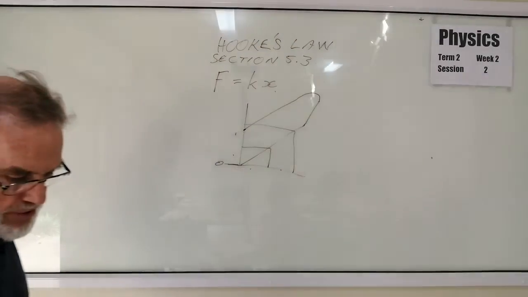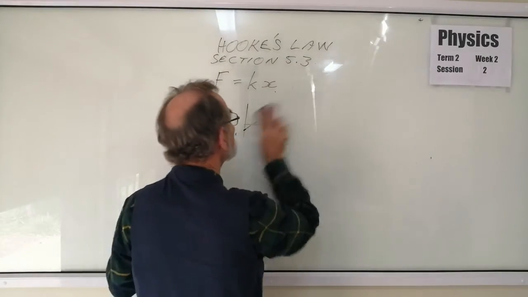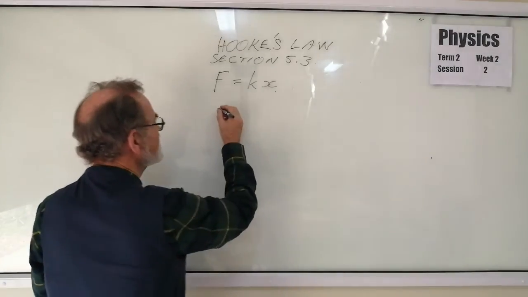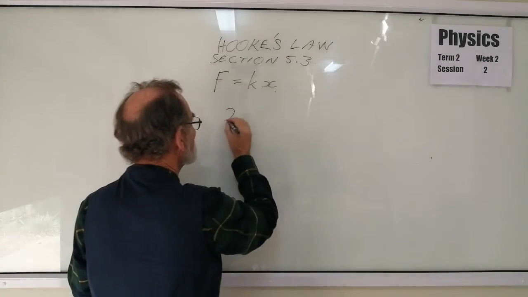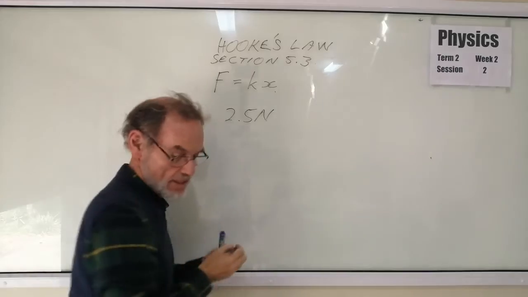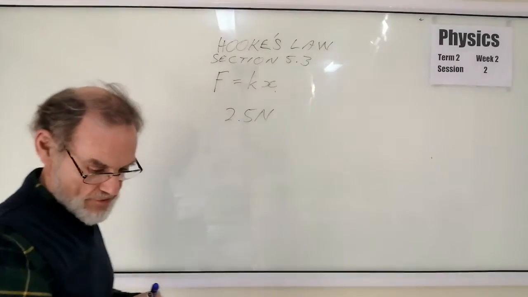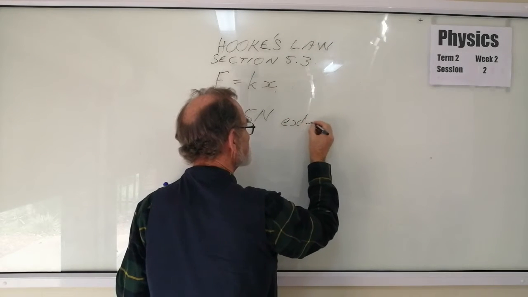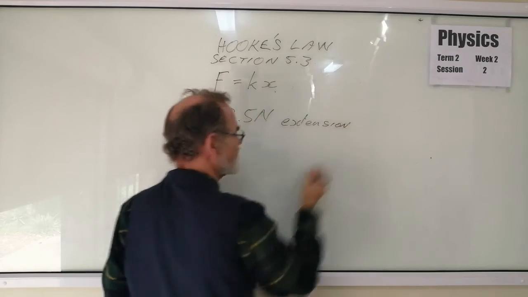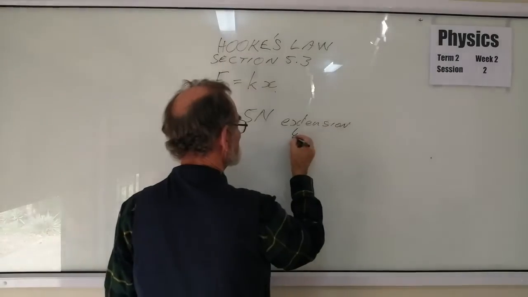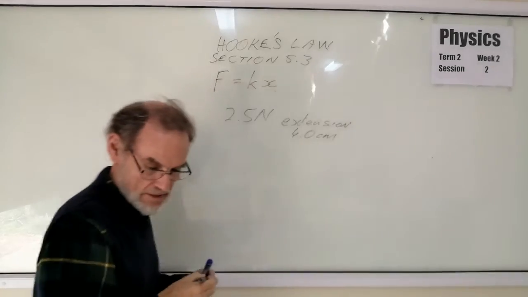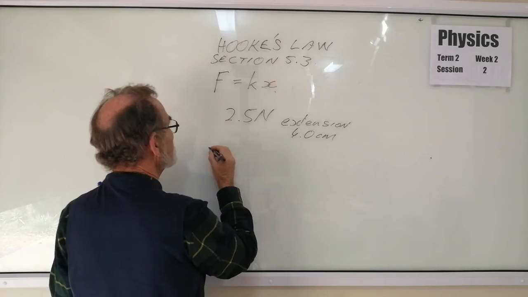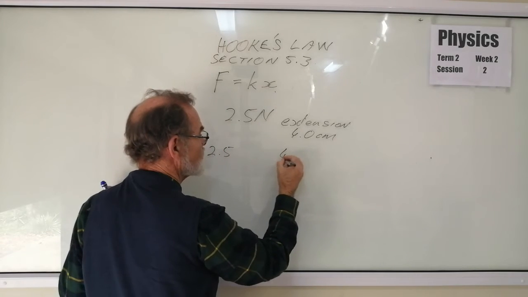Alright, let's just quickly work through question 5.3. The question is, the load is 2.5 newtons. Okay? And the increase in length, which means it's the extension, is 4 centimeters. What load would give 12 centimeters? So 2.5 gives 4.